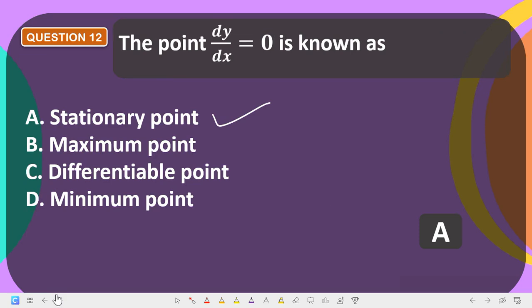But the minimum and maximum points are both called stationary points. It's not only the minimum point. At maximum point, also, dy/dx is equal to 0. At minimum, dy/dx is equal to 0. So you don't choose only maximum; you choose stationary point, because stationary point encompasses both minimum and maximum point. Okay? So that is the answer to that one.